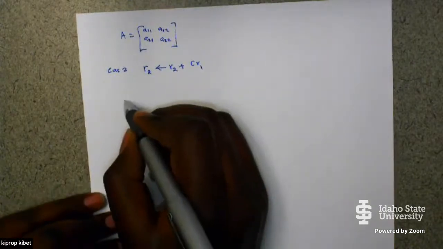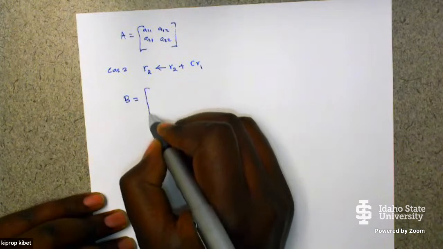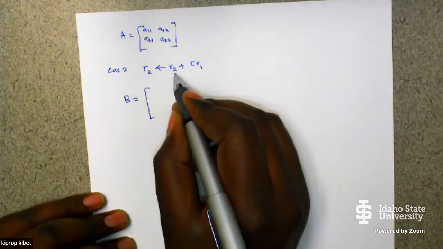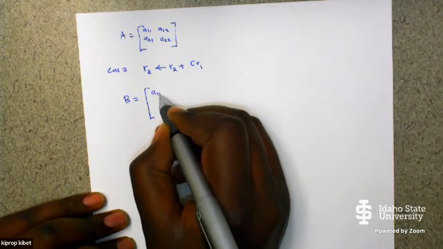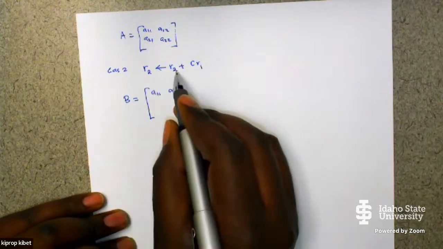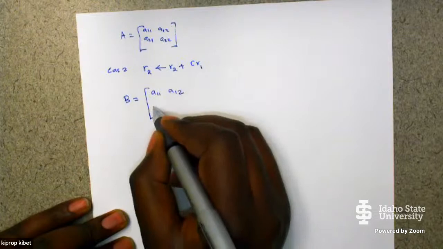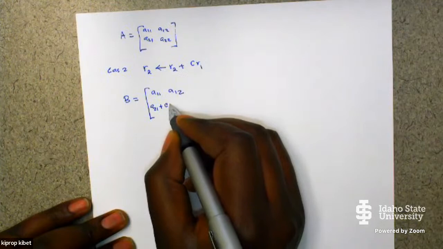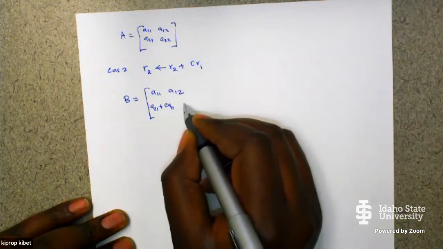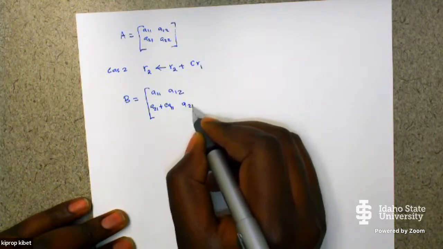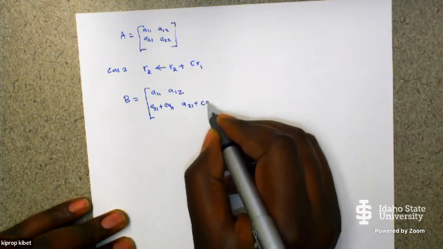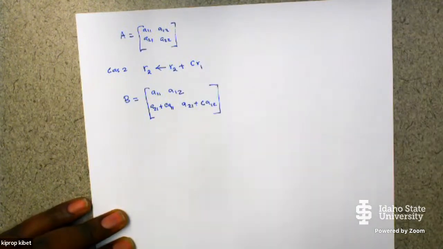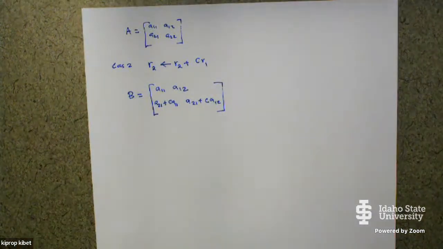So we get our B. Our B now will be equal to A11, A12, and the new R2 is A21 plus CA11, and then the next one is A22 plus CA12. So that is our B.